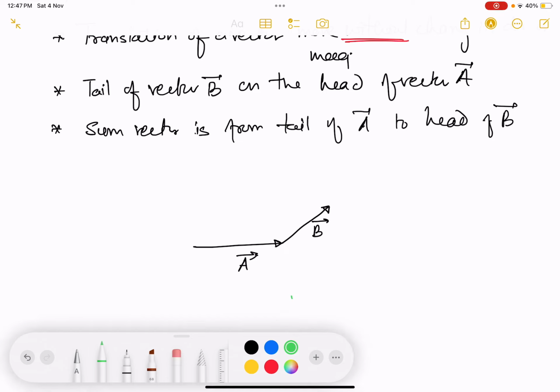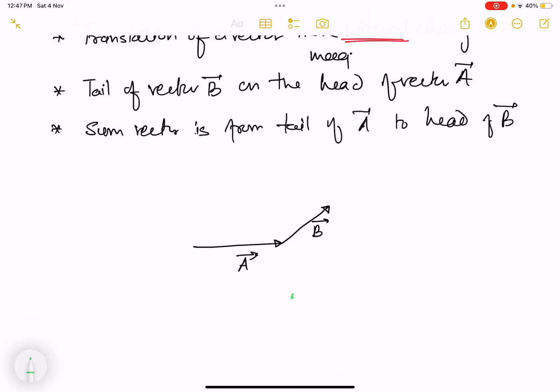Let me use a green color. So we start a vector from the tail of A, and where do we end? At the head of B. This becomes the sum vector. We will call this vector A plus B. You understand this?